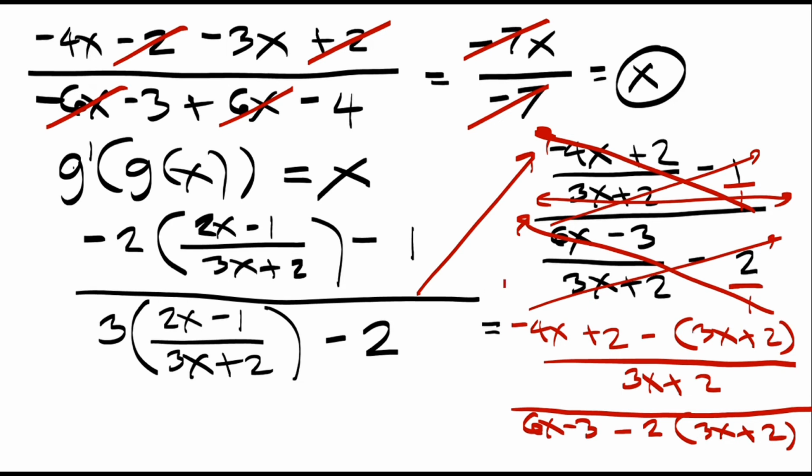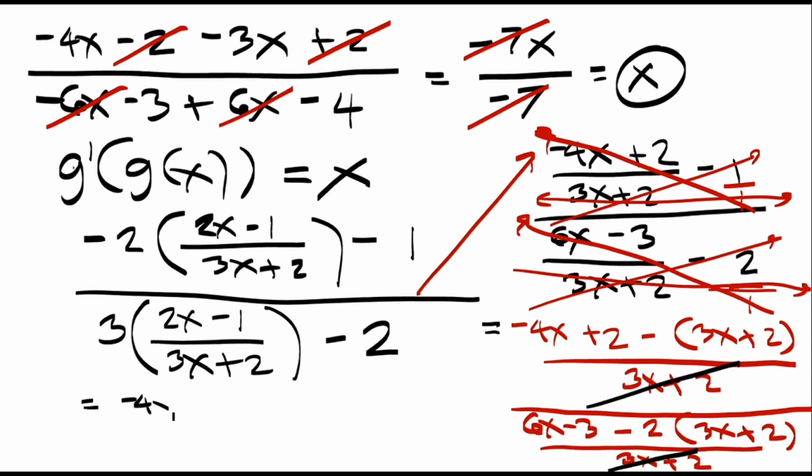And then all over 3x plus 2 times 1 is 3x plus 2. So from here we may cancel 3x plus 2. So let us simplify this.